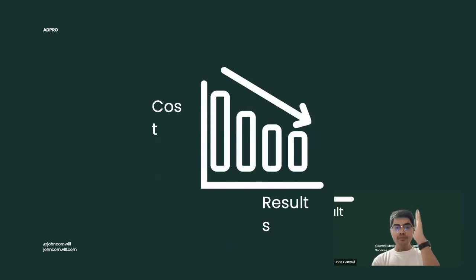Yung cost mo, yan yung y-axis. Yan yung vertical. Yung results mo, yan yung horizontal. So tingnan mo, yung cost mo is bumababa, yung results mo is tumataas. For example, meron kang budget na 1,000 pesos per day.